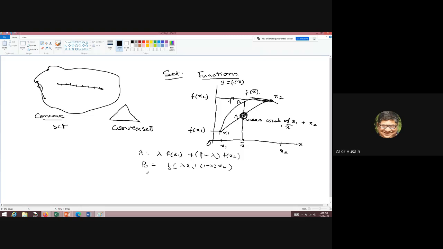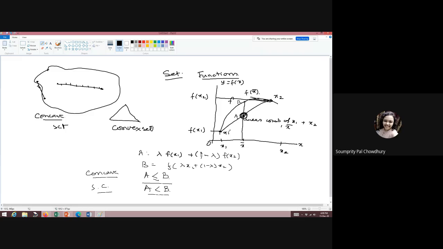If the function is concave, then this relation will hold. Now, if it is strictly concave, then we have A is strictly less than B.